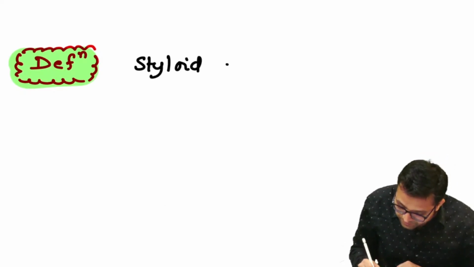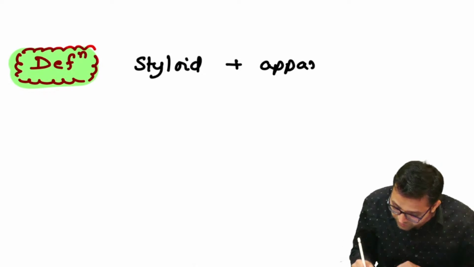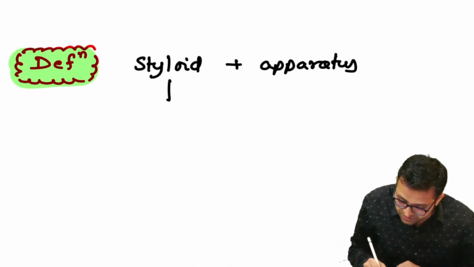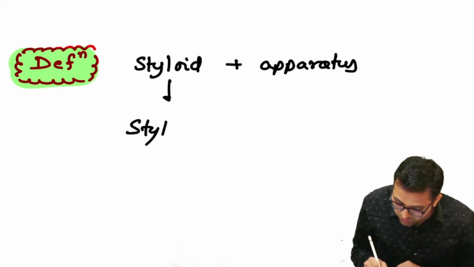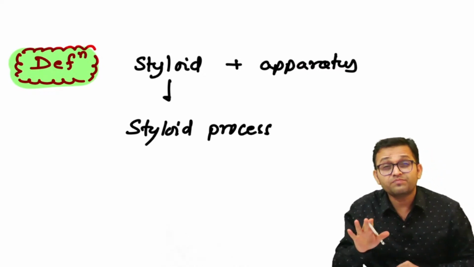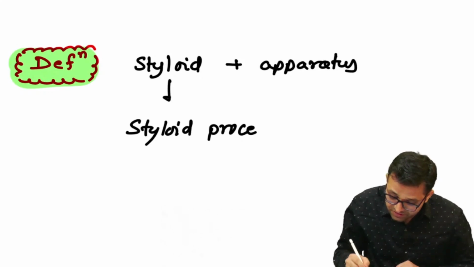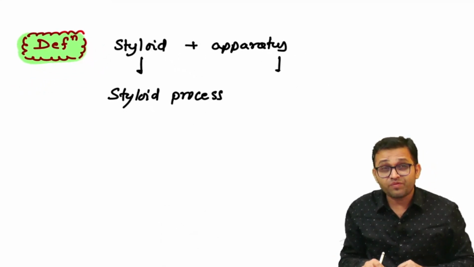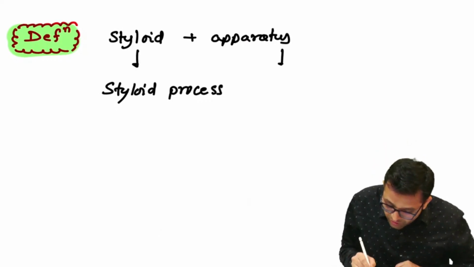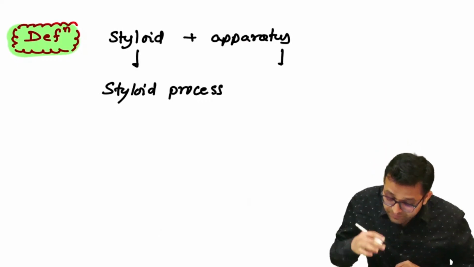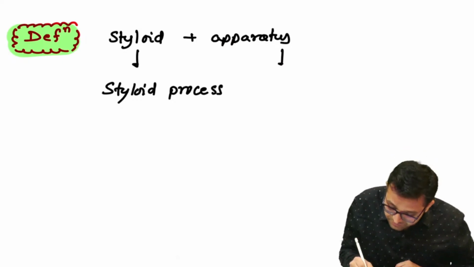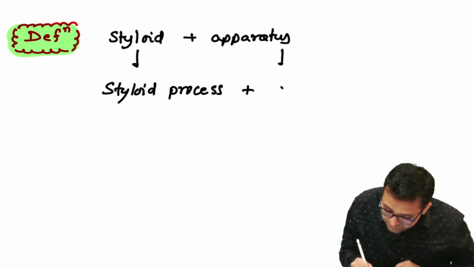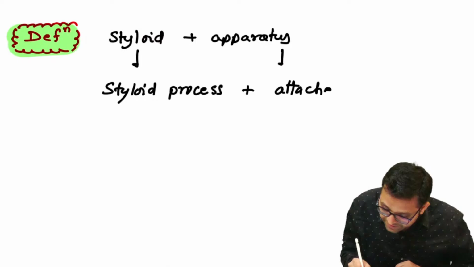Styloid apparatus means your own styloid process. No need to mug up. Just try to understand. Styloid apparatus means more than one structure. So remember what is the apparatus? Styloid process with its attached structures.